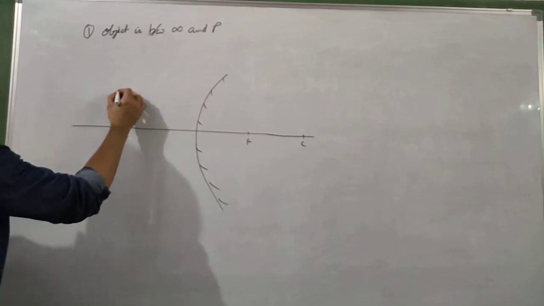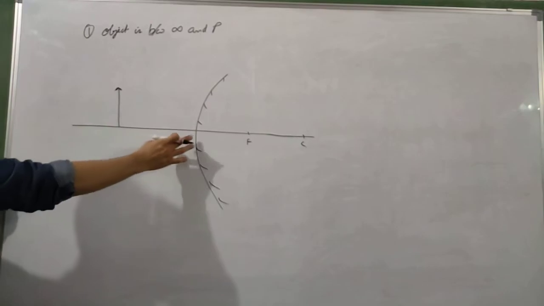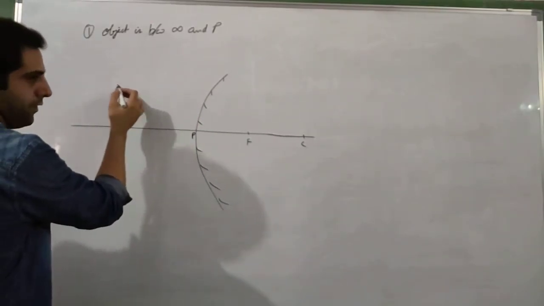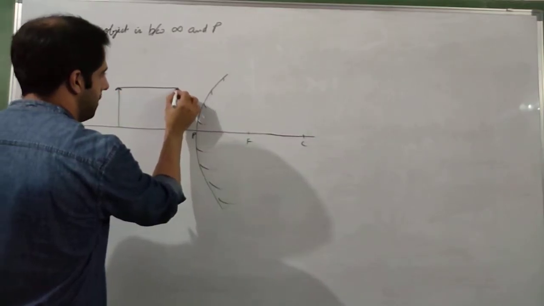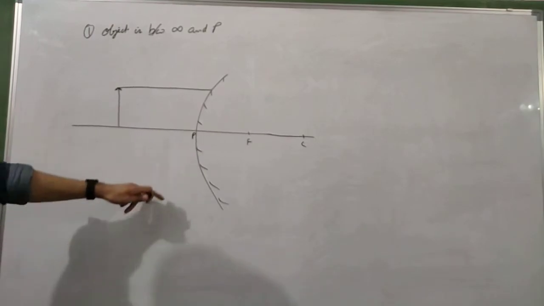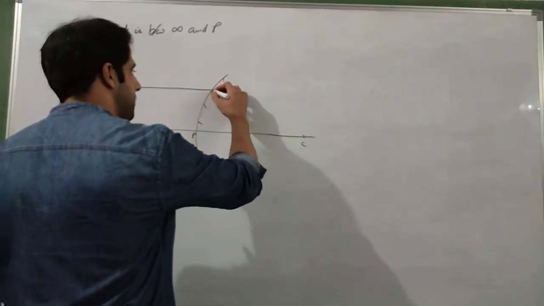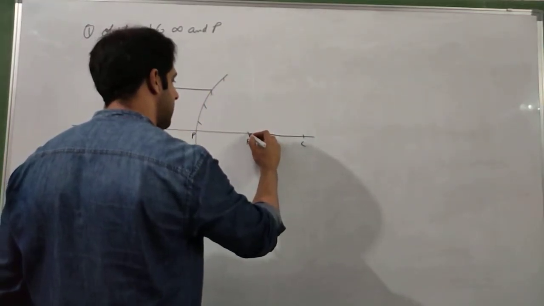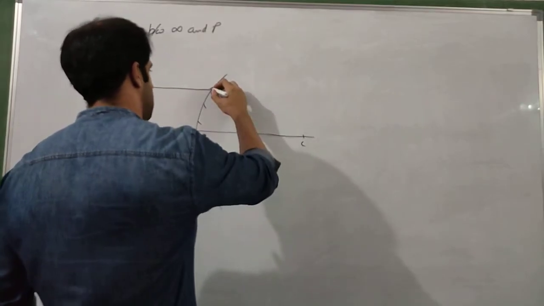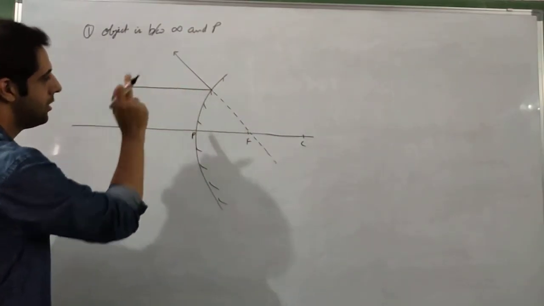The object is somewhere here between infinity and pole. Now one of the rays that we will take will be parallel to the principal axis. What happens to the ray which comes parallel to the principal axis? In the case of a convex mirror, it would appear to come from the focus. That means the reflected ray will go like this, so it would appear that it is coming from the focus.